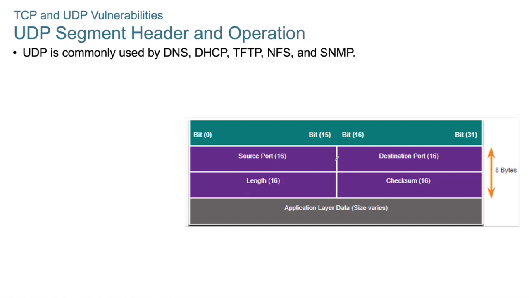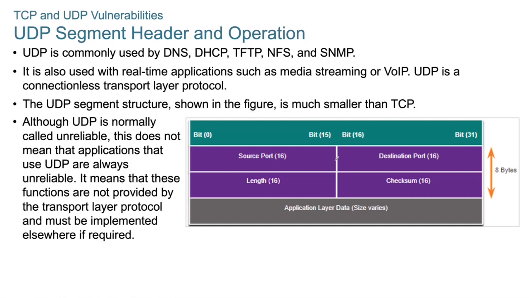If no response is received, then the device resends the request again. Here the UDP header uses 8 bytes, whereas TCP uses 20 bytes, and IP uses 20 bytes in size maximum, right?